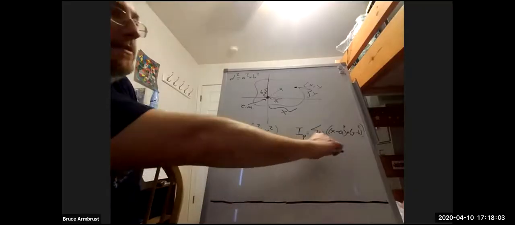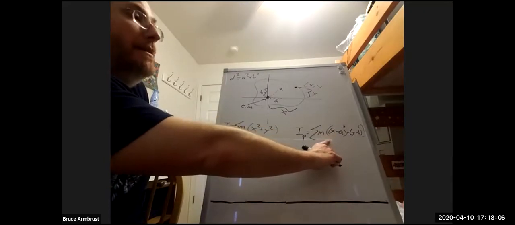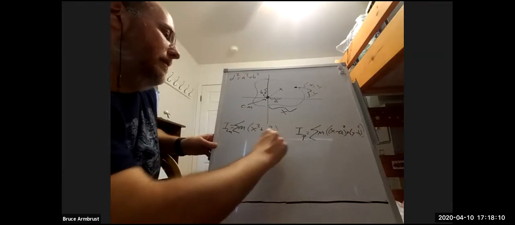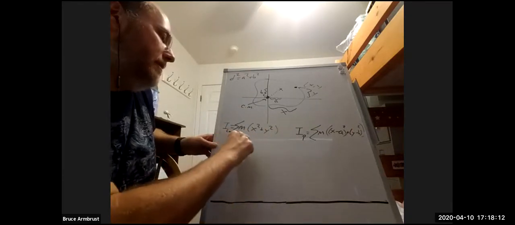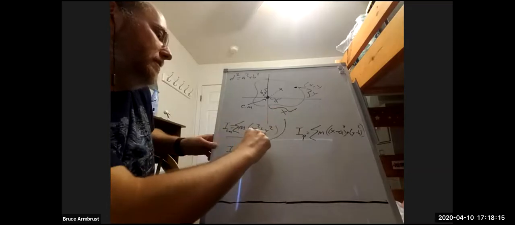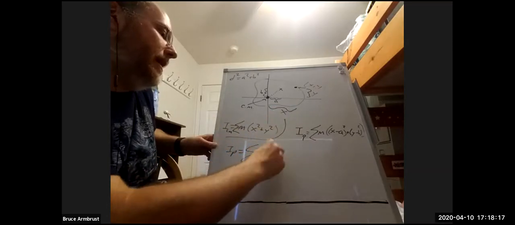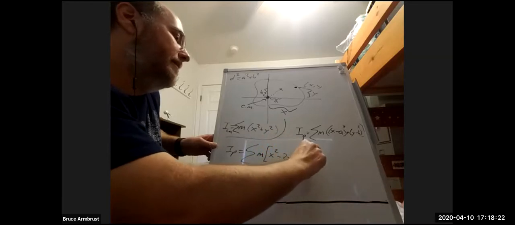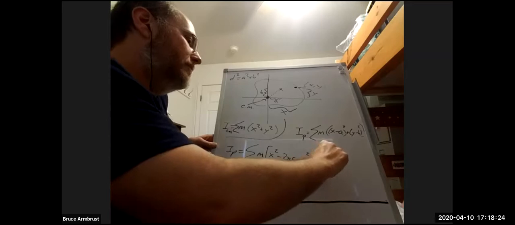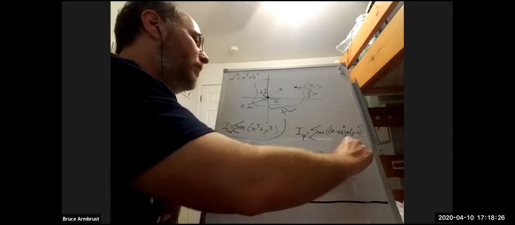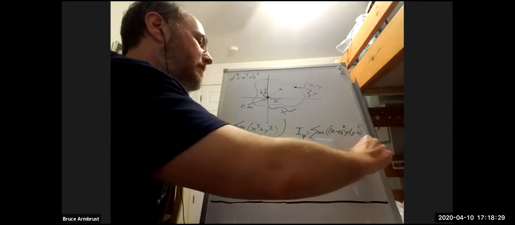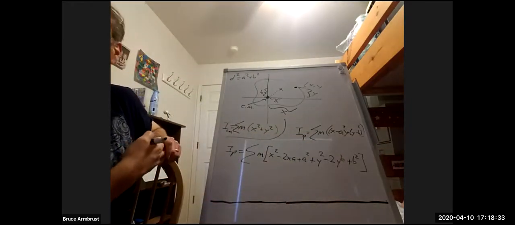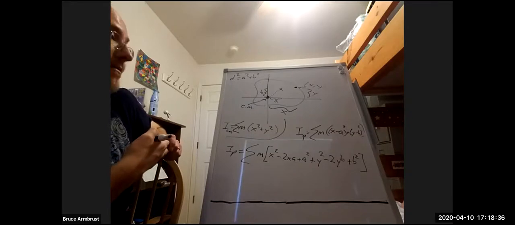All right, let's take this one, the parallel axis, and do some algebra on it. So we're going to get I P equal to the sum of m times x squared minus 2xa plus a squared plus y squared minus 2yb plus b squared. So FOIL, right? We just need to make sure we FOIL all that out.